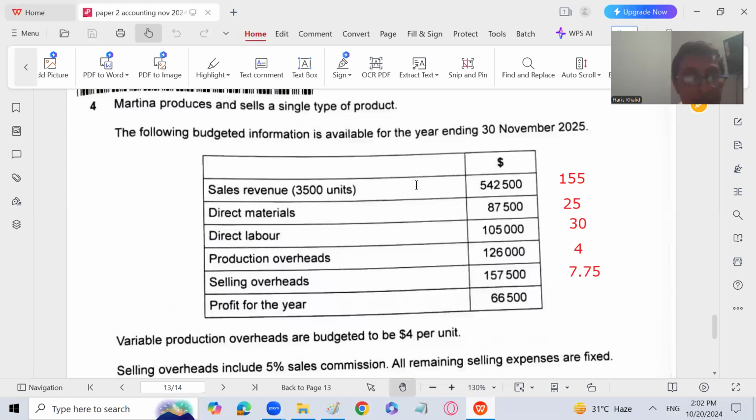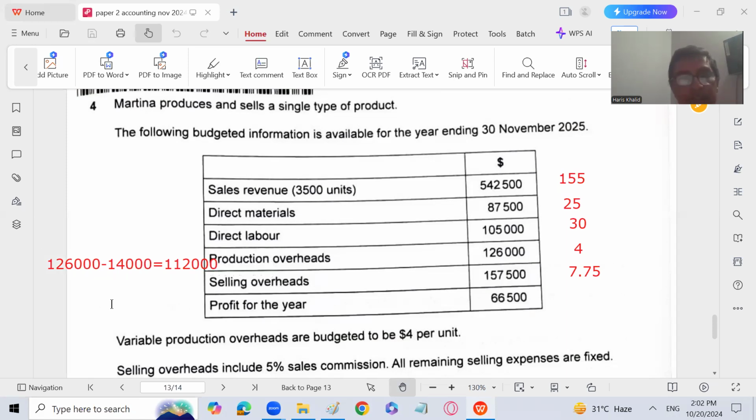How come, sir? 3,500 into 4 is the variable production overhead. 3,500 into 4 per unit, that is 14,000. So I can calculate now: 126,000, the total production overhead, minus 14,000. I will get the fixed production overhead, that is 112,000.